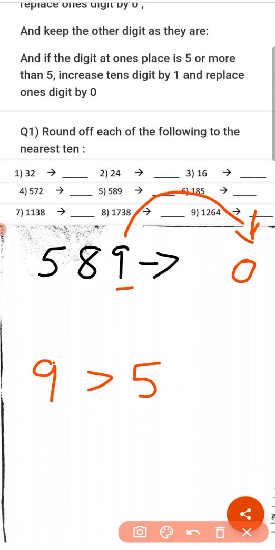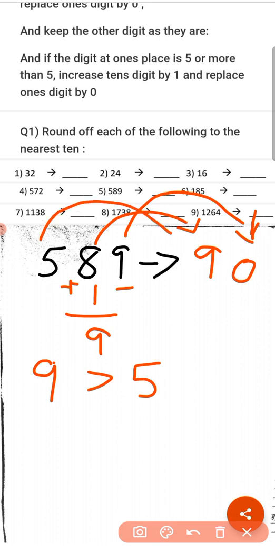Then our next step is add 1 to the digit at the tens place. Tens place ile digit inde kuda 1 add cheya. Here the digit at tens place is 8. So 8 plus 1 is 9. So 8 becomes 9. And write the other digit at hundreds place, that is 5. So our answer is 590.